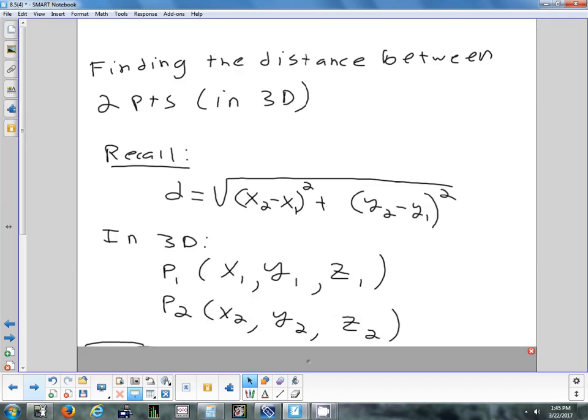In 2D, your coordinate would have an x value and a y value. Well, in 3D, our 2 points, I'm calling them my first point and second point, not only have an x and a y value, but they also have a z value.